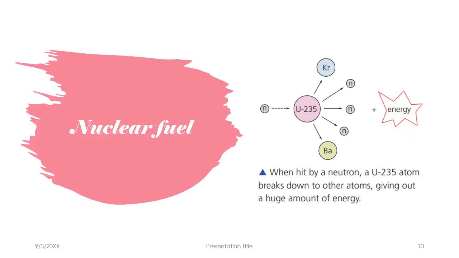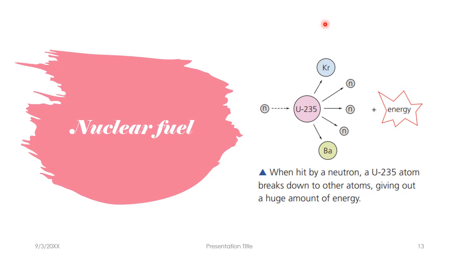Okay, kita ada satu lagi, nuclear fuel. Nuclear fuels are not burnt. They contain unstable atoms called radioisotopes. Over time, these break down naturally into new atoms, giving out radiation and a lot of energy. But we can also force radioisotopes to break down by shooting neutrons at them. That is what happens in a nuclear power station.